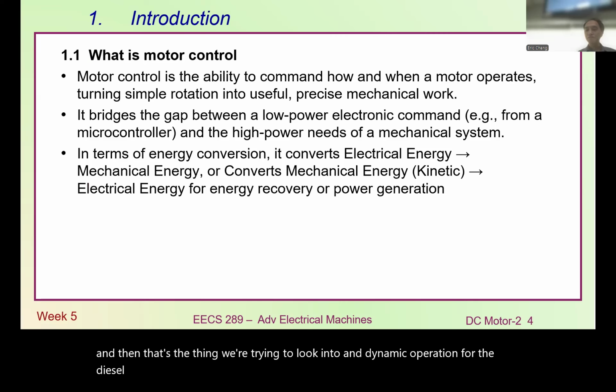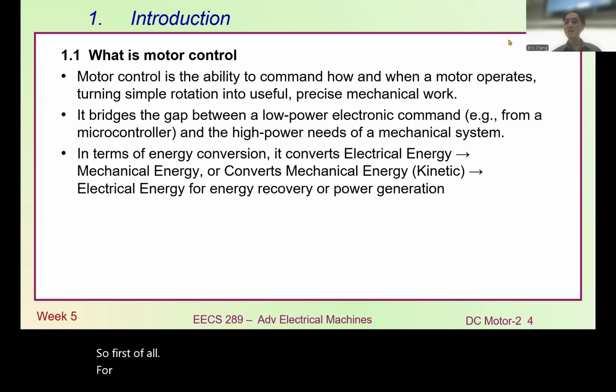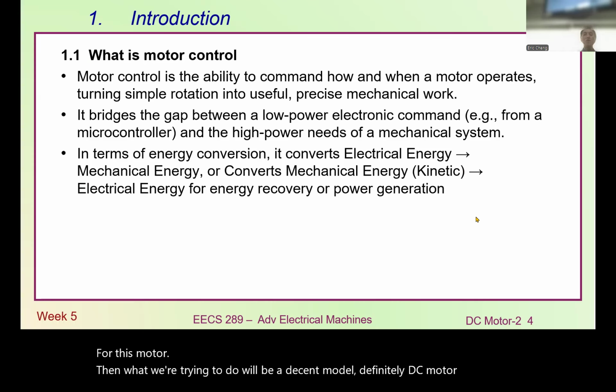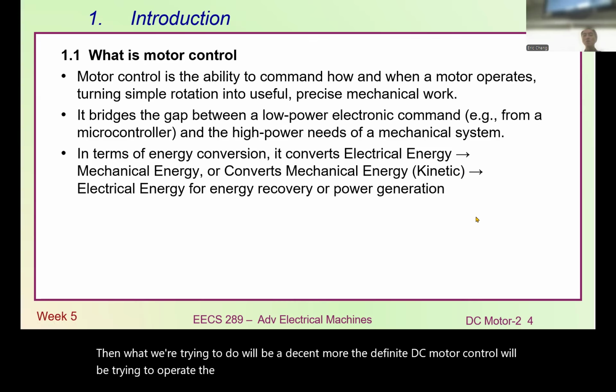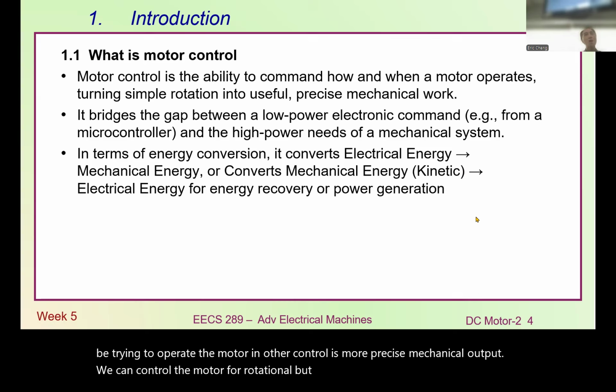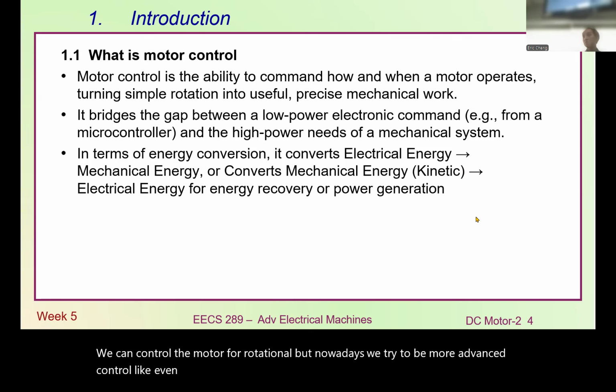So first of all, for DC motor control, what we're trying to do is operate the motor in order to control its mechanical output more precisely. We can control the motor for rotation, but nowadays we try for more advanced control, like the angle and position.